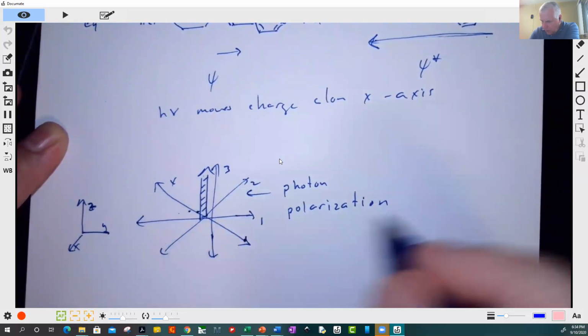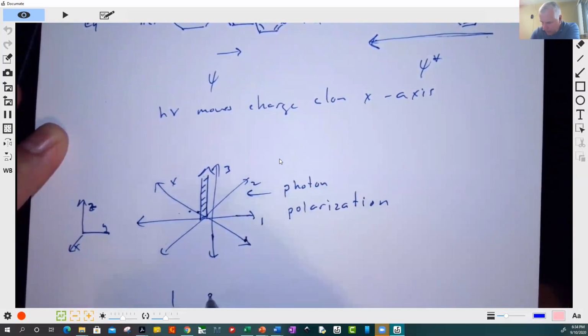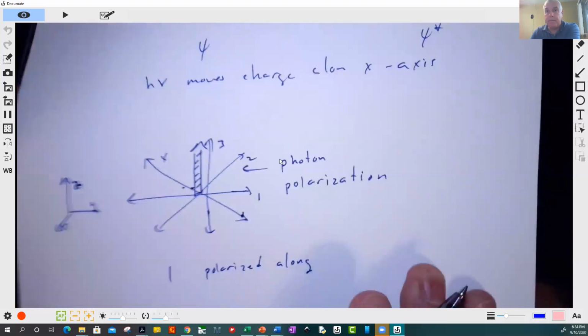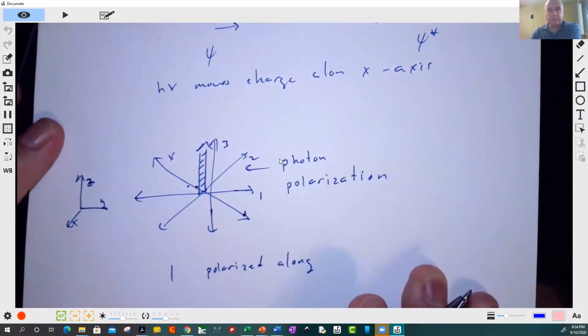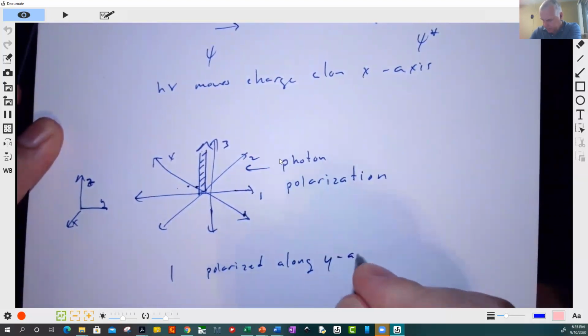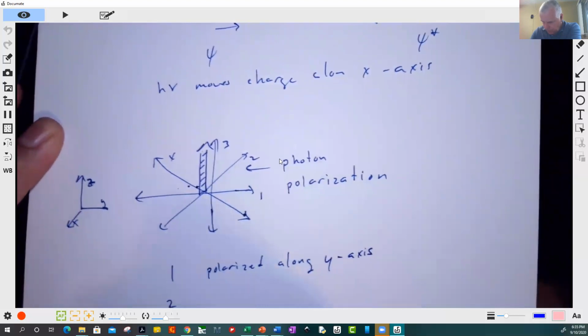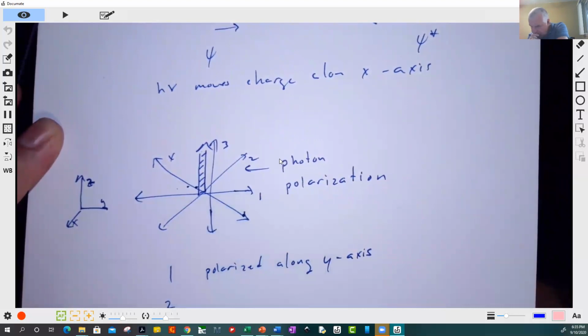One is polarized along the y-axis. 2 is, oh shoot, I screwed this thing completely up in terms of my labeling.